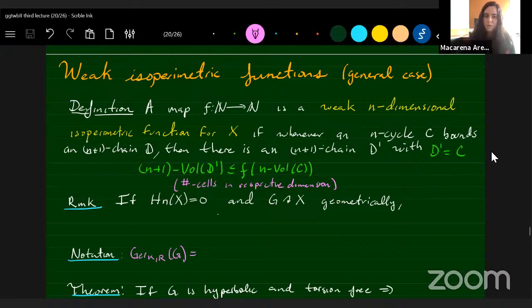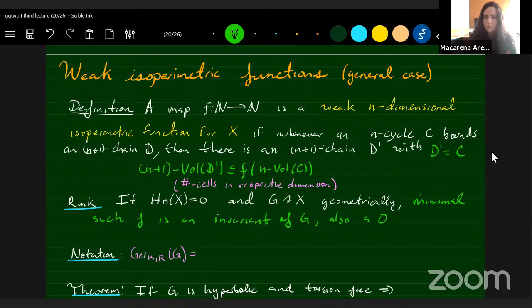As in the case of the one-dimensional homological or weak Dehn function, if the homology in the right dimension is 0 and the group acts geometrically on the space, then a minimal such function is an invariant of the group. And again, it is also a quasi-isometry invariant.